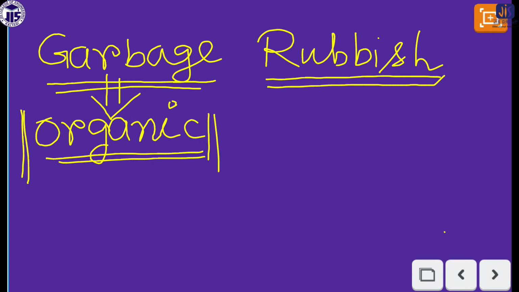What does biodegradable mean? It means this kind of solid waste will mix with the earth after some days or years, due to the decomposition of the waste materials by microorganisms. These are called garbage, and this kind of garbage contains lots of nutrients.